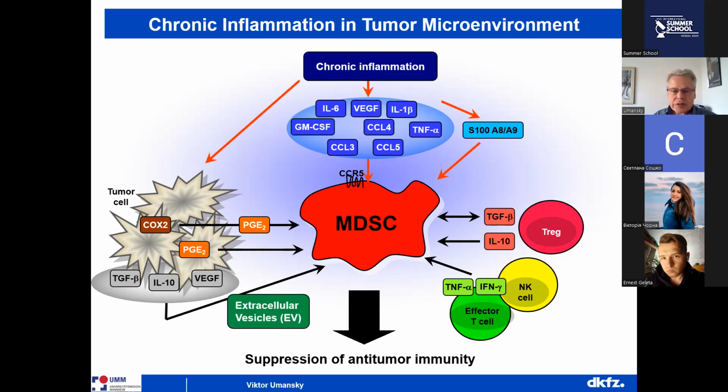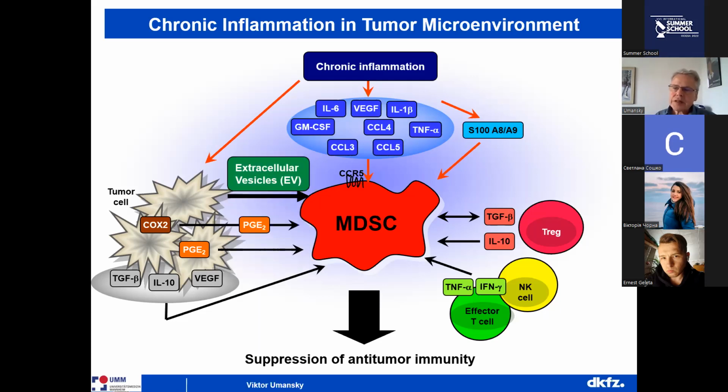But what was found quite recently is that there is another mechanism of MDSC generation, not dealing with the partial block of myeloid cell differentiation, in particular the production of extracellular vesicles by tumor cells, which can actually convert even normal, fully differentiated myeloid cells, for example in mice in the bone marrow or in human monocytes, into immunosuppressive cells, which can be defined as myeloid-derived suppressor cells.